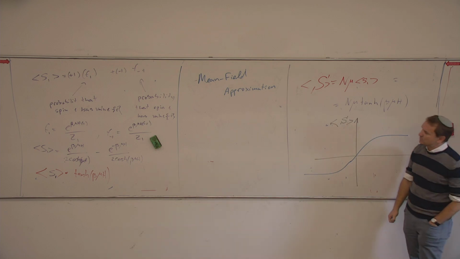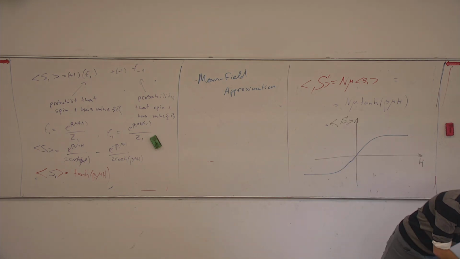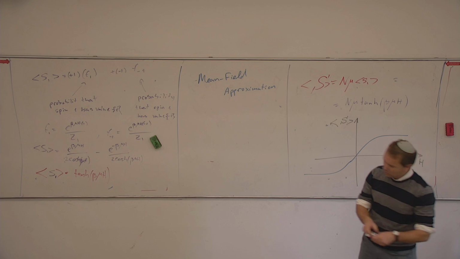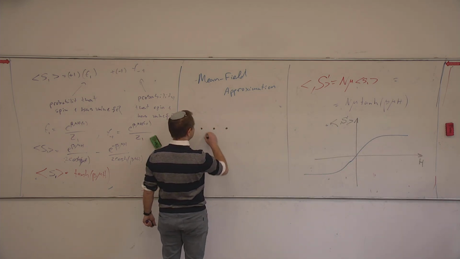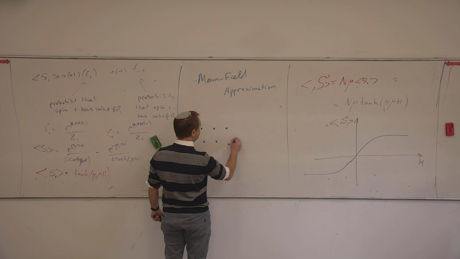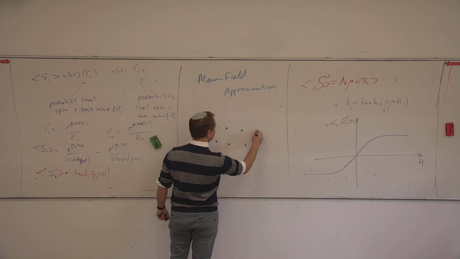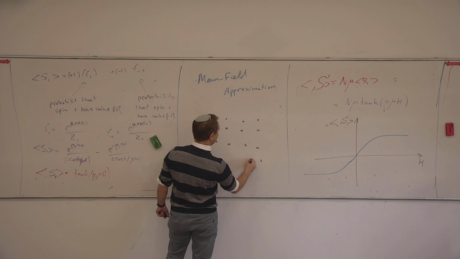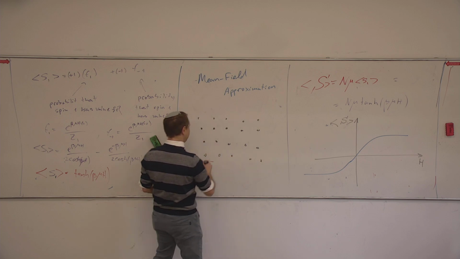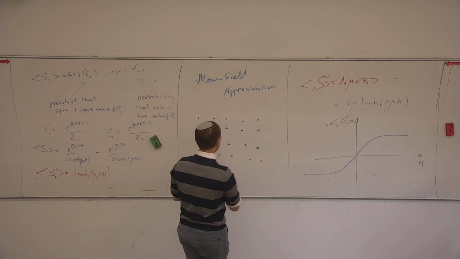Now, what is this mean field approximation? If we look at our different spins, and we single out one of them. Okay. Let's look at this guy.